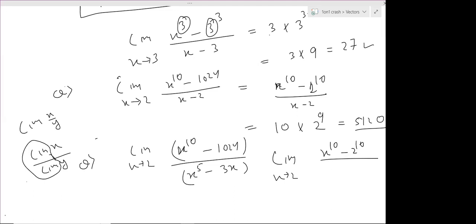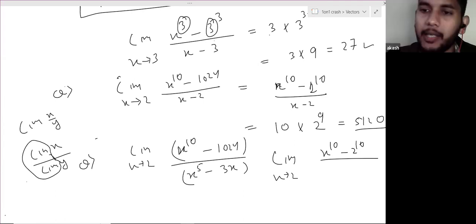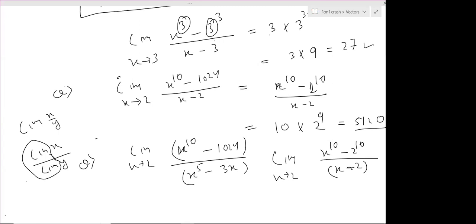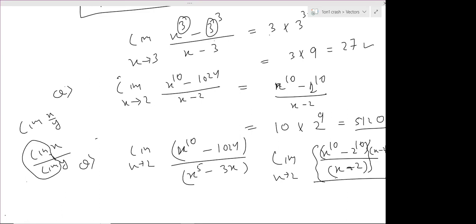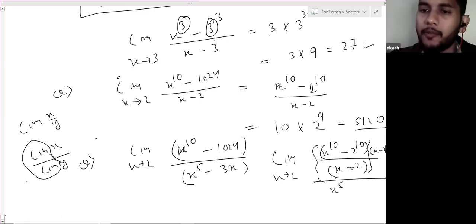To get this formula, we need an x minus 2 here. So I multiply x minus 2 and divide by x minus 2 just to get this formula, because once I get this formula, I can use that, right? In the denominator also, this is x to the power 5 minus 32, sorry. So this is 2 to the power 5.